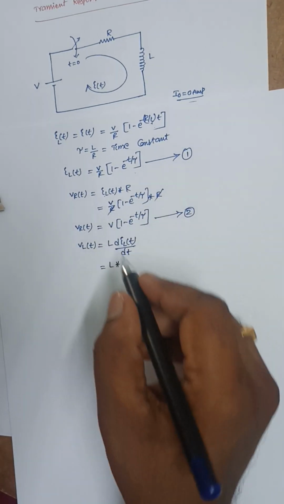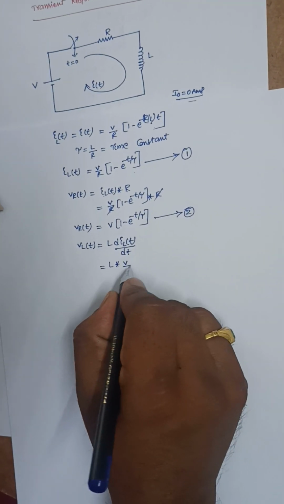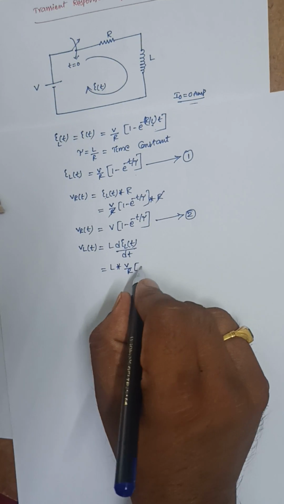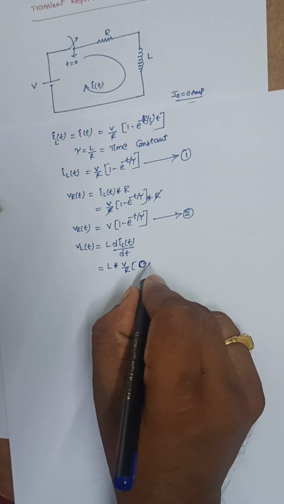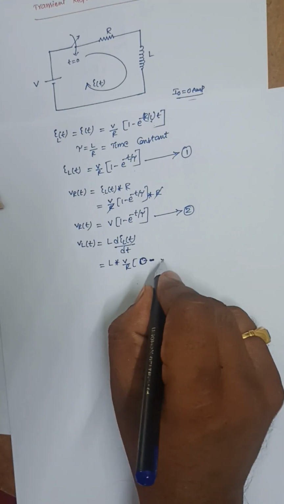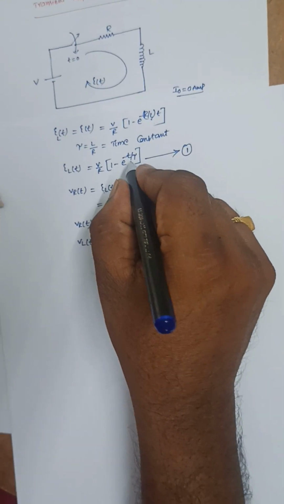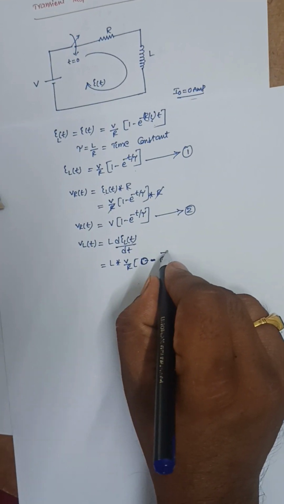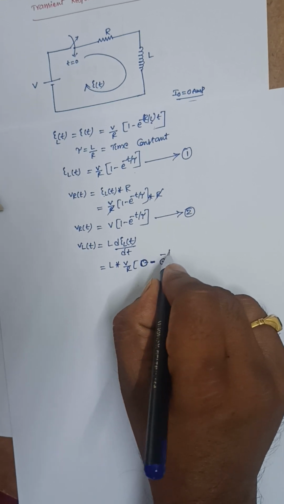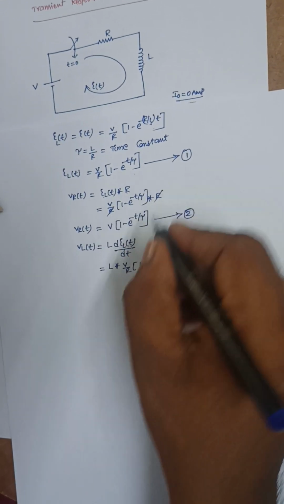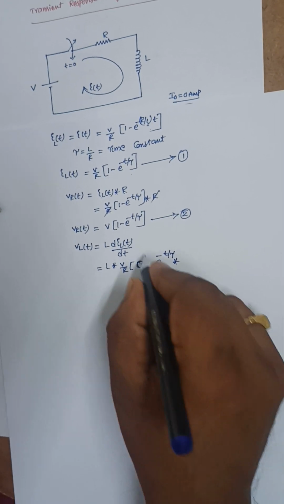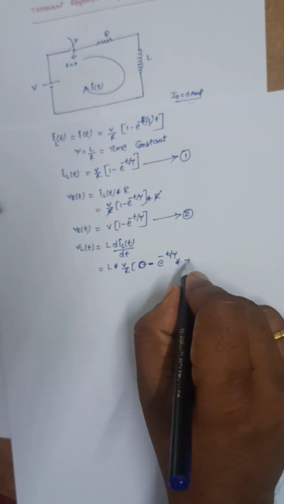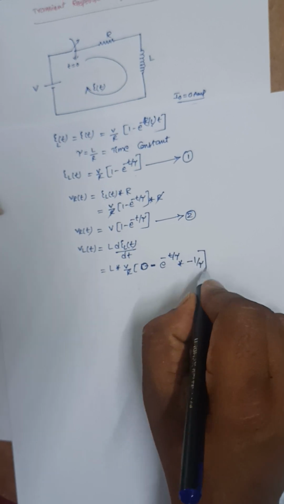If I differentiate equation 1, I get V by R with respect to time. Differentiating 1 gives 0, minus the derivative of e power minus x. E power minus ax means e power minus ax into minus a. Here a is 1 by tau.